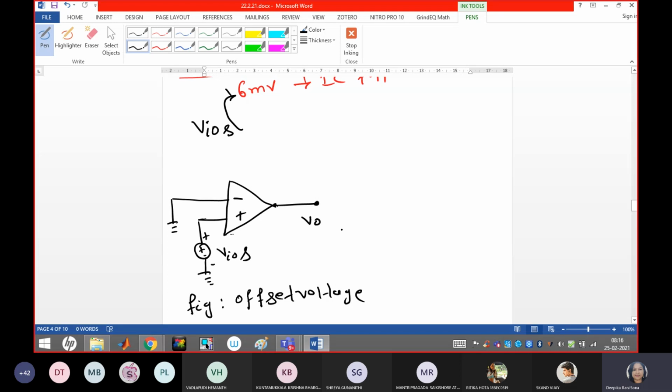So the same can be done for the inverting and non-inverting configuration.